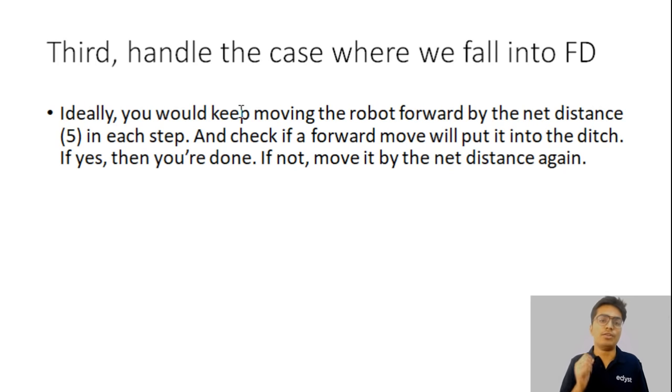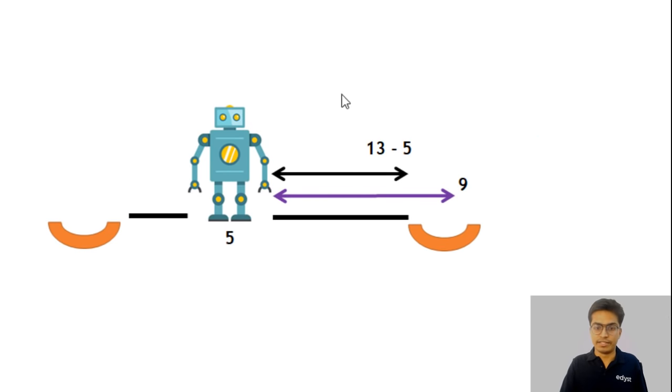If that was not the case, suppose the front ditch was at 23 instead of 13. In that case you would have gone from 0 to 9, back to 4, back to 5, then to 13, then to 14, back to 10, then to 19, back to 15.